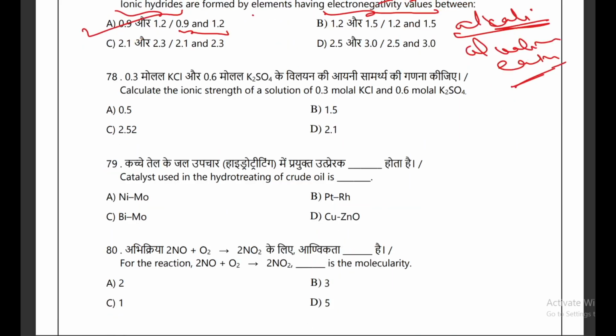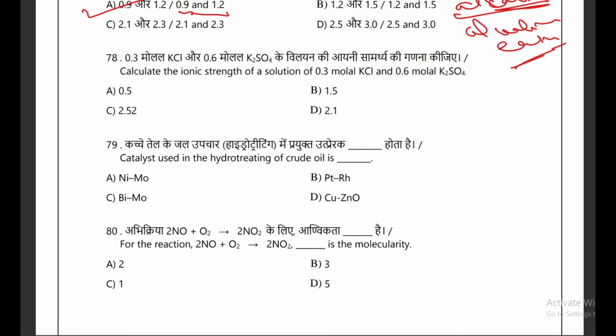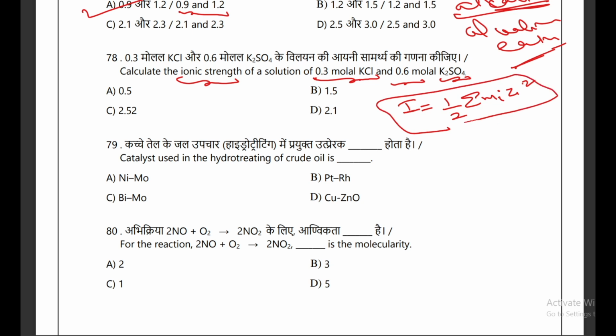In the next question, you have to calculate the ionic strength for a solution which contains a mixture of KCl, that is 0.3 molar, and potassium sulfate, that is 0.6 molar. First of all you have to know the formula to calculate ionic strength, which is half sum of m i z i square, where z is charge and m is the molar concentration.